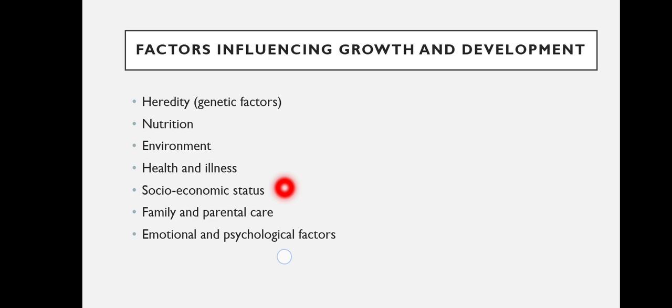So socioeconomic status of someone is going to influence their growth and development. If they're eating nice food, if they're healthy, if they're psychologically okay, if they're mentally fine, if they are not really suffering, they are going to have normal growth and development.